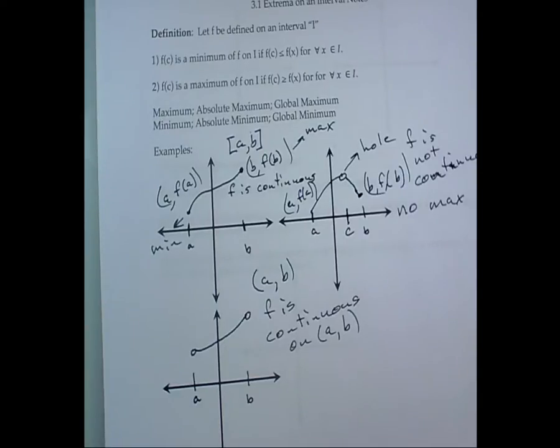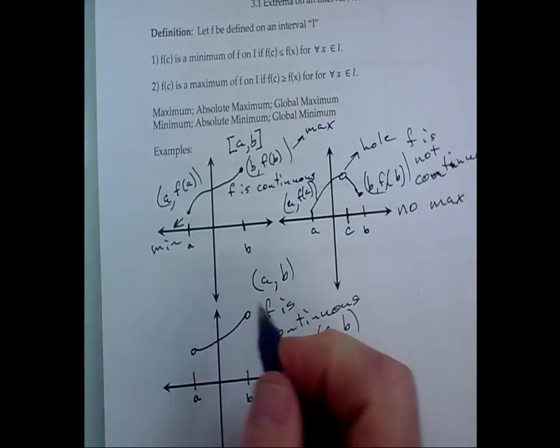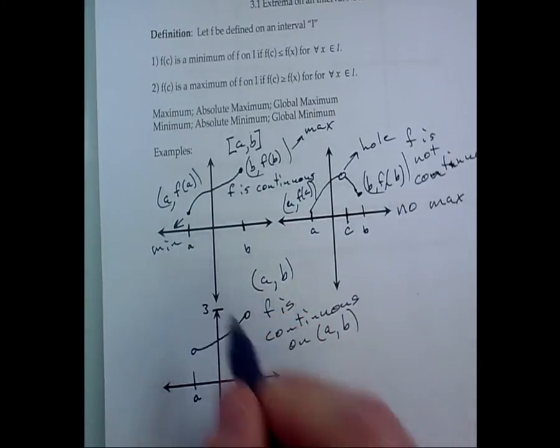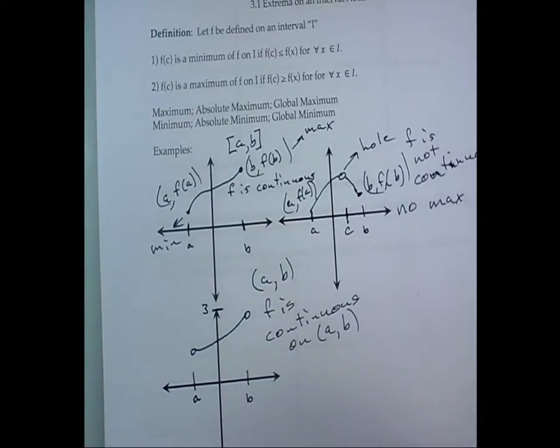Is there a max on this one? What do you think? Let's say this is 3. 3 doesn't exist, right? B, comma 3 is open.